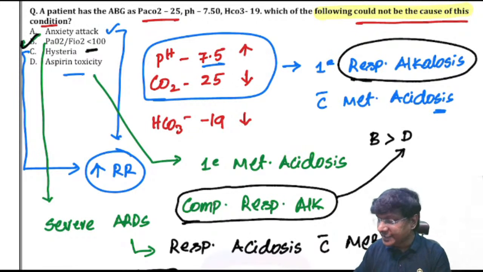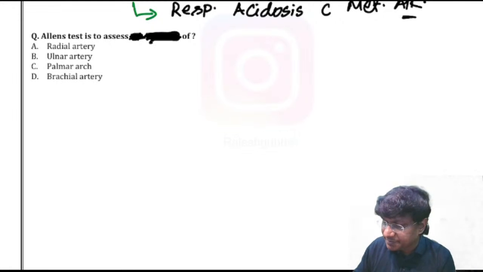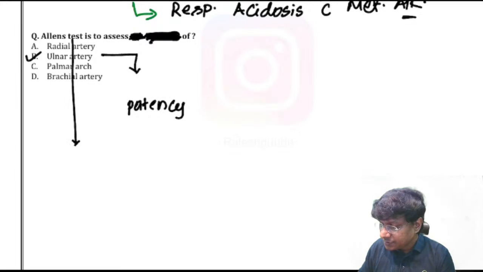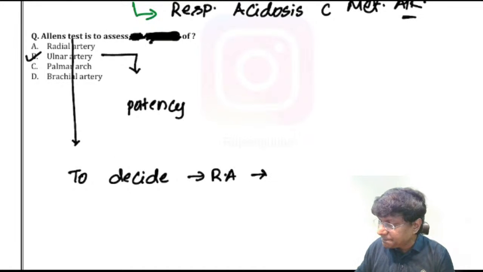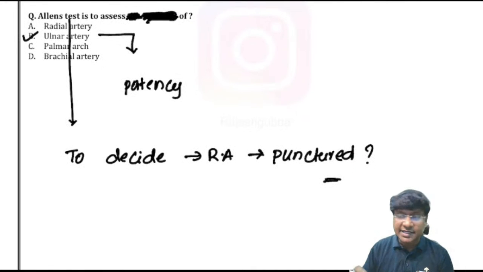Yes, Allen's test is used to assess. Please remember, it is used to assess the patency of the ulnar artery. And what is this particular test done for? Allen's test is done to decide whether the radial artery can be punctured or not for the arterial blood gas analysis.